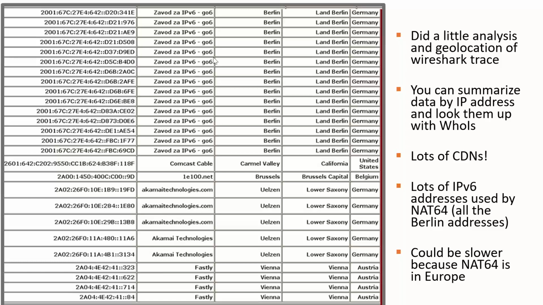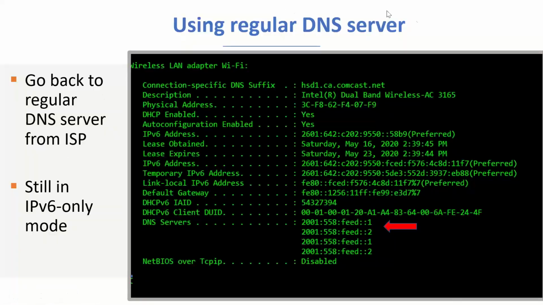One of the things is that the particular site that I picked happened to be in Berlin, so you can see a lot of those things. But one of the things I was curious about is all the different connections. Anyway, you can see what all is used, and it is kind of fun to geolocate some of that stuff.